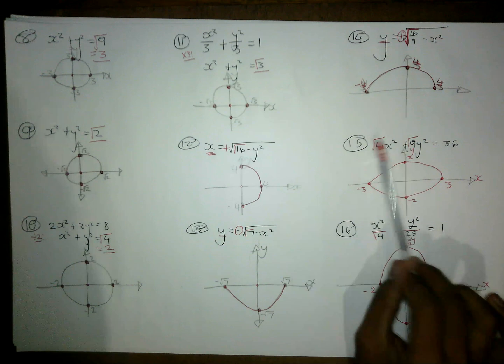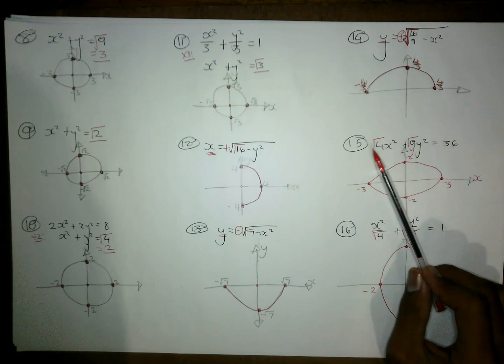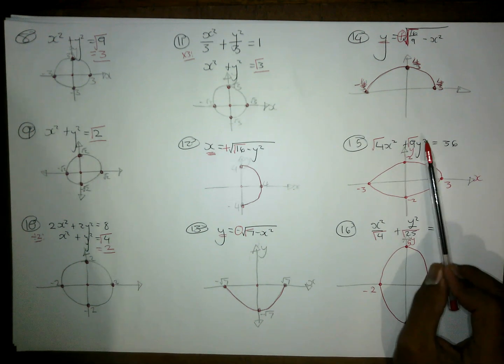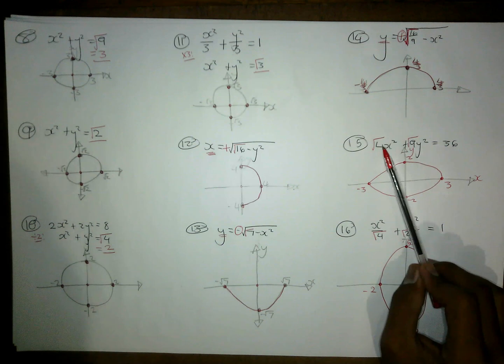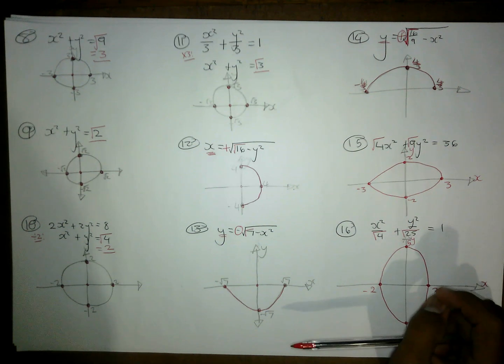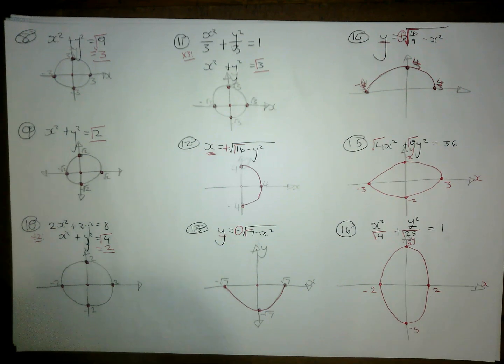But because there's no fraction, this square root of 4 will go with the y, and this square root of 9 will go with the x squared. How fun. It seems like it's number 15 and a factor, or a fraction.